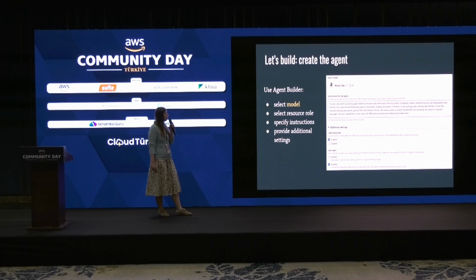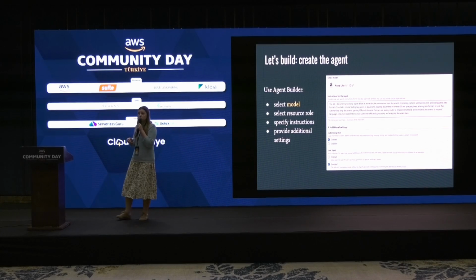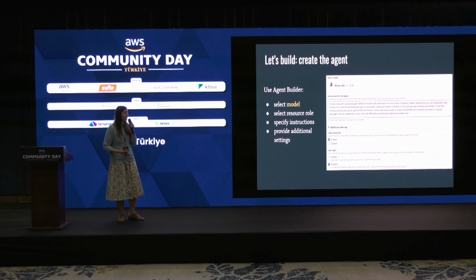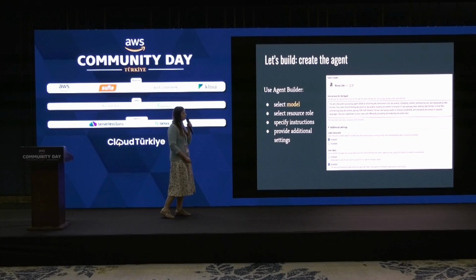Also, all the other steps like resource role selection and instruction specification may be optional depending on your use case. Here you can see that I specified some instructions to enable the agent to do a better job, basically. But if your agent is very simple, you can skip these instructions.